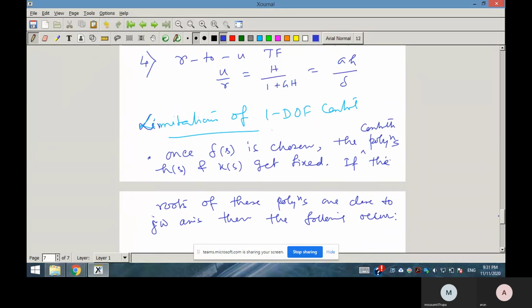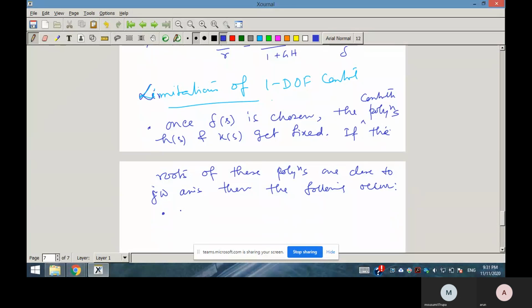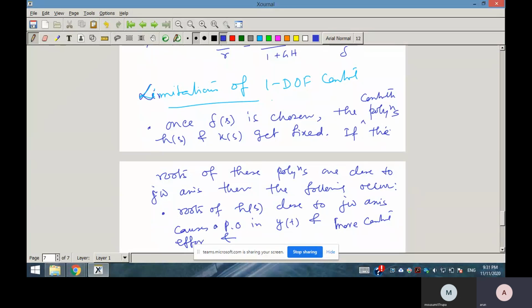One, roots of HS close to the j omega axis cause peak overshoot in the output yt, A, more peak overshoot in yt, B, more control effort, and C, poor noise attenuation.